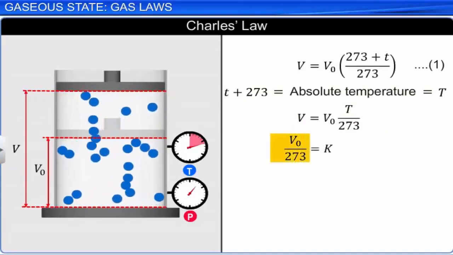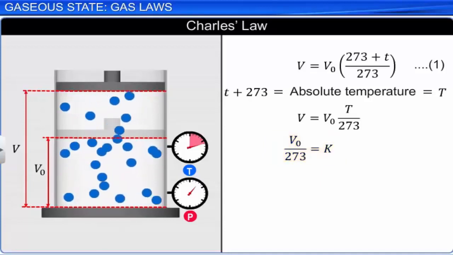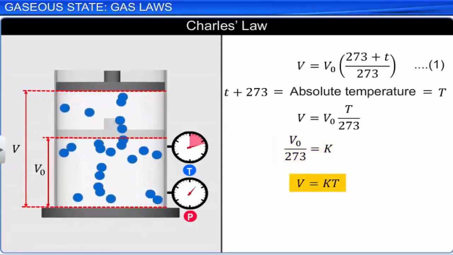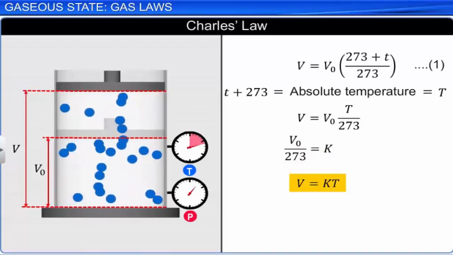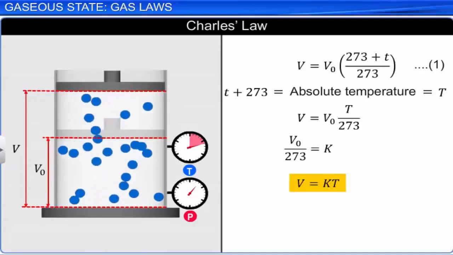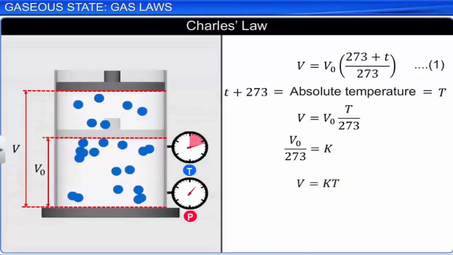Therefore, V is equal to kT, where k is a constant. Remember, temperature T is in the Kelvin scale. This is the mathematical expression for Charles' law, which states that the volume of a fixed mass of a gas is directly proportional to its absolute temperature if the pressure is kept constant.